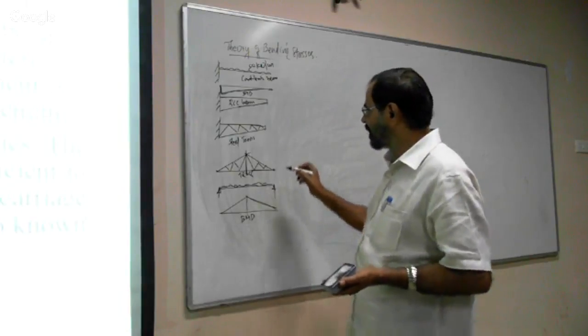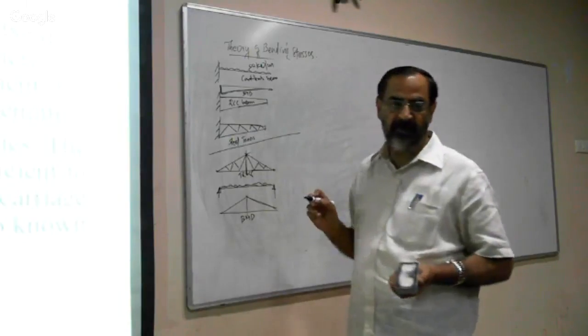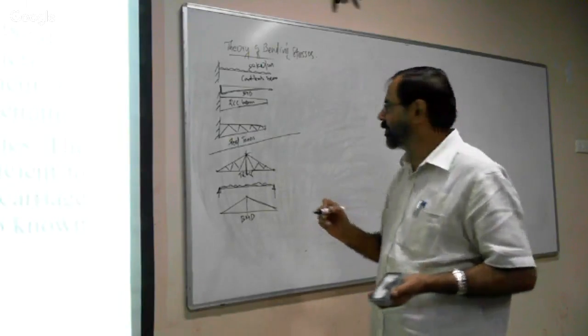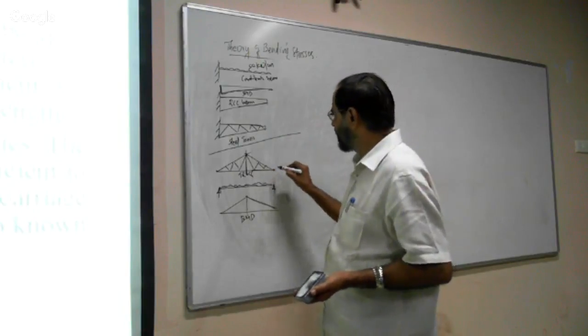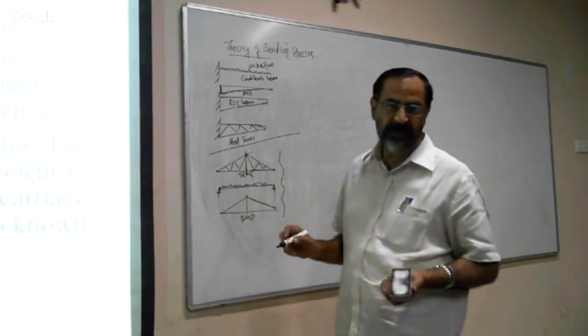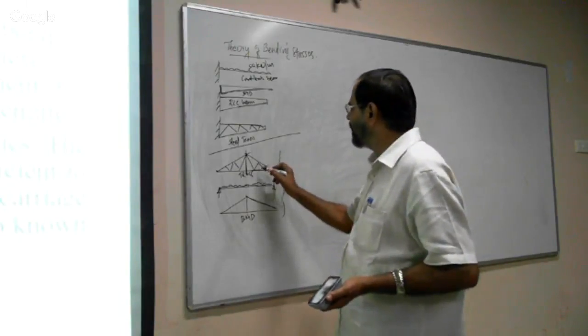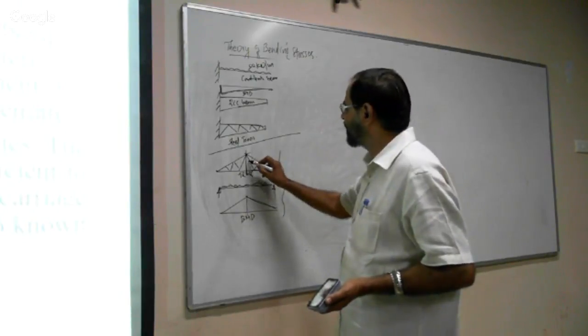Now this is one example of a beam of uniform strength. This is another example of a beam of uniform strength. According to the bending moment, the section has been designed. This is the bending moment diagram, and the section is designed like this.